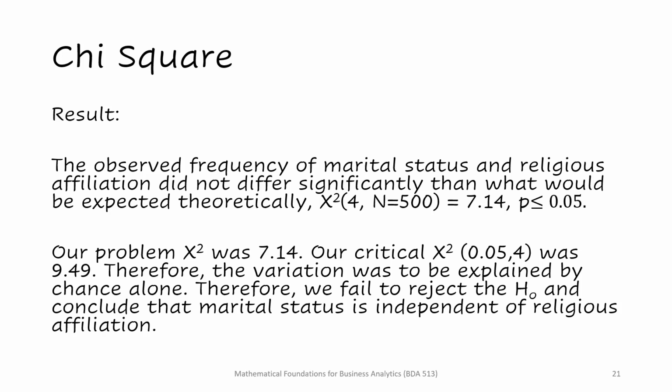Therefore, the variation was to be explained by chance alone. Therefore, we fail to reject the null hypothesis and conclude that marital status is independent of religious affiliation. So please, as much as possible, when you're giving the result, state it technically like I've done.